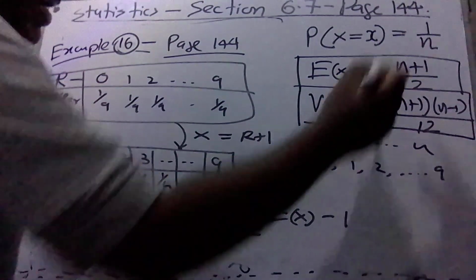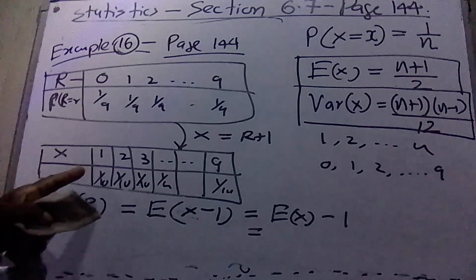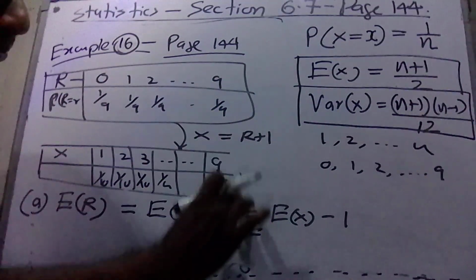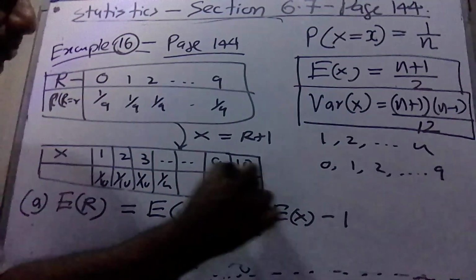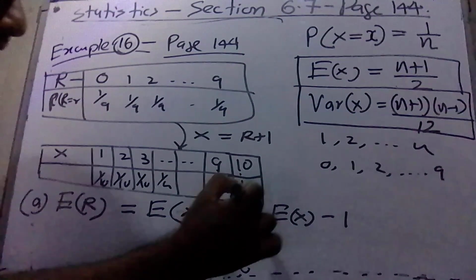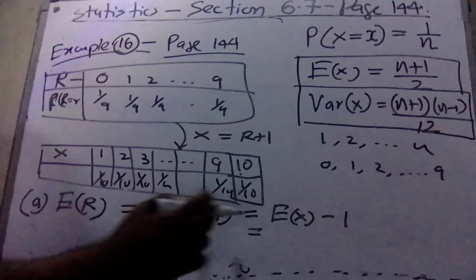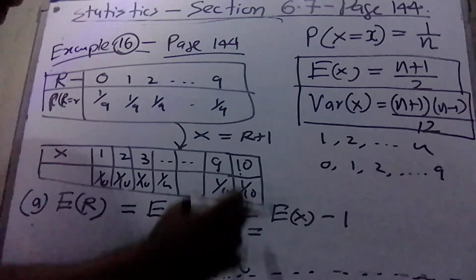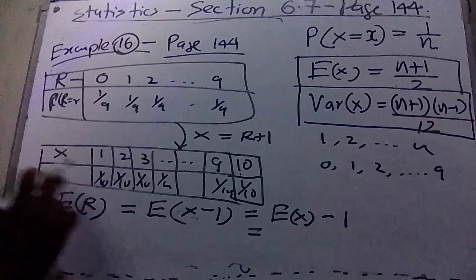Oh sorry, this goes up to 10, 1 over 10, I forgot that. So here n is 10, and we can apply this for the table.